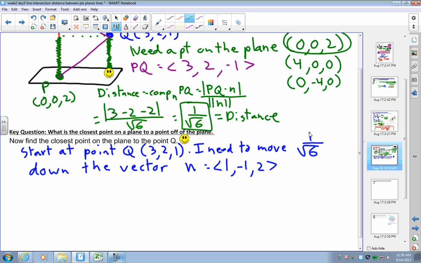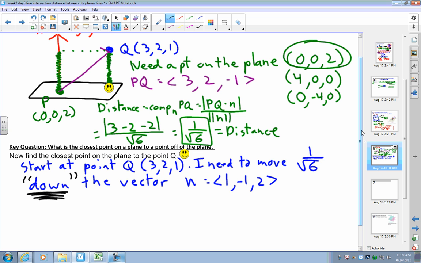Now, the key to all of this, why it can be a little bit tricky, is the phrase down. Okay? From the picture that I drew, we know what down means. I'm going down from, like gravity, from up top on the treehouse down to the plane.